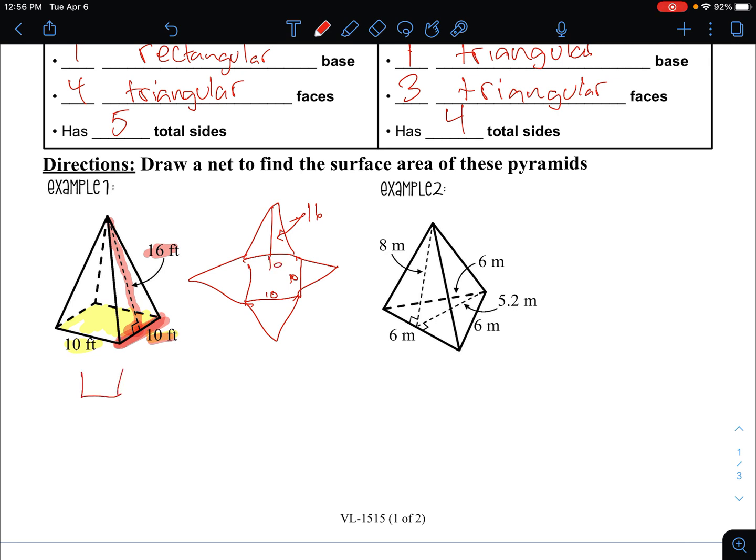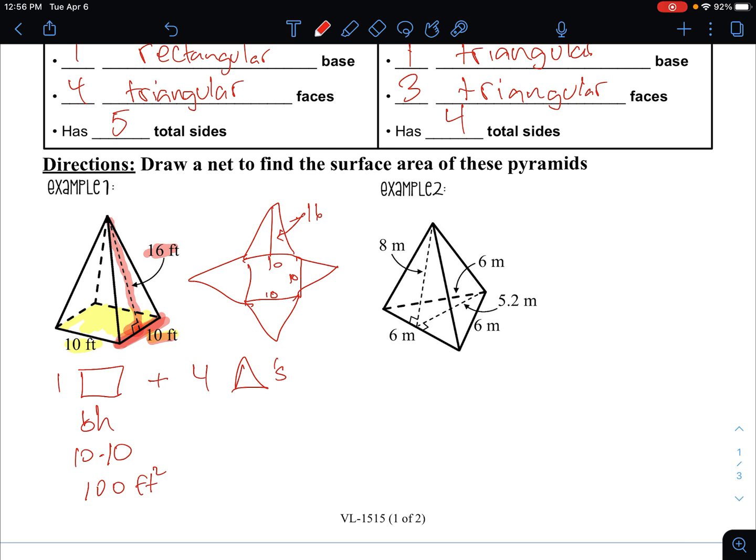So we basically have one base plus 4 of these triangles. Let's do the base first. Base times height is our formula, and our base is 10. Our height is 10 for this rectangle, which gives us 100 feet squared. Let's do our triangles now.